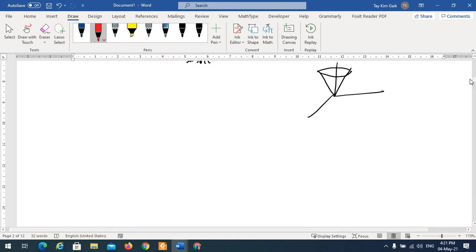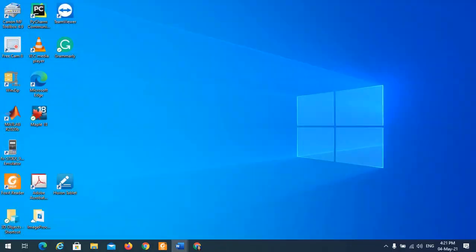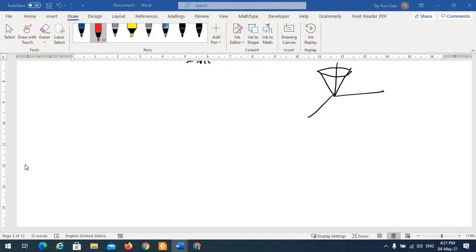For the limit of x, it tells you 0 is less than x, less than square root of 1 minus y squared.